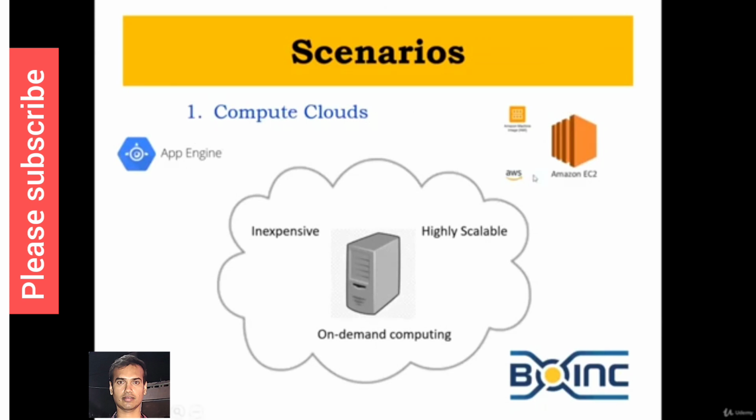Second is Amazon's EC2. And third is Berkeley's Open Infrastructure for Network Computing, that is BOINC. These compute clouds are the most flexible in their offerings and can be used for sundry purposes. It simply depends on the application the user wants to access.